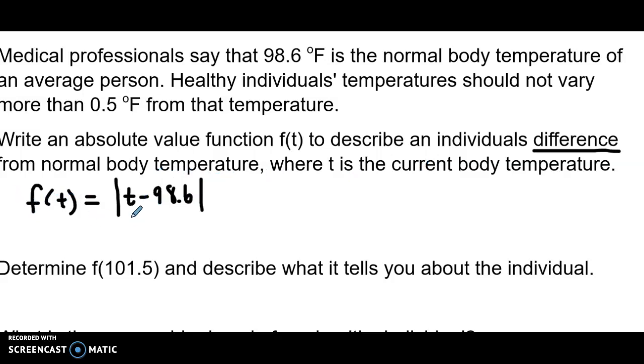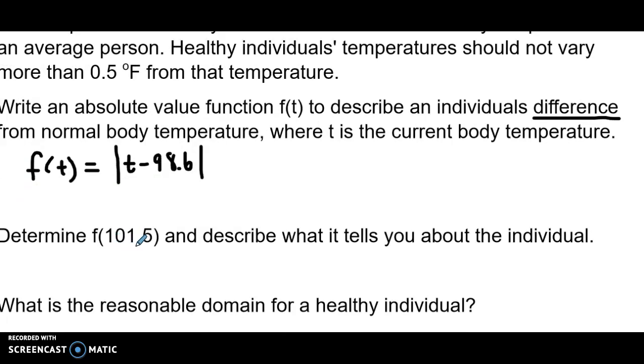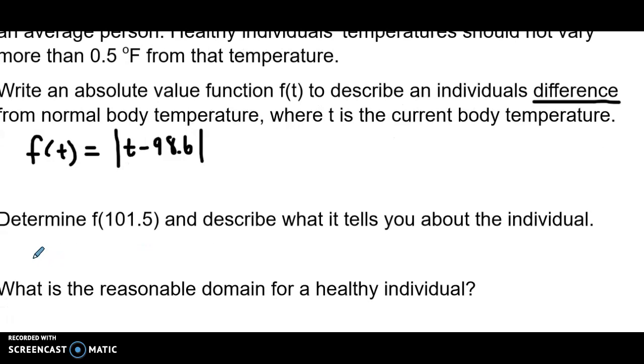And now we can use this function to determine what f of 101.5 would be. So we'll do f of 101.5, and we'll plug in 101.5 for all of the t's. In our function, there's only one.